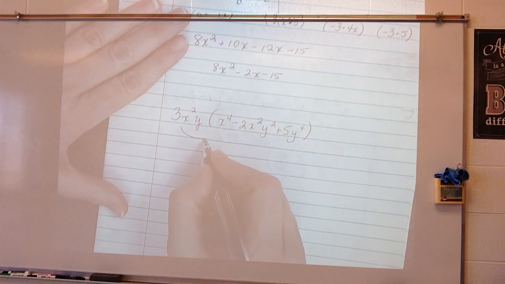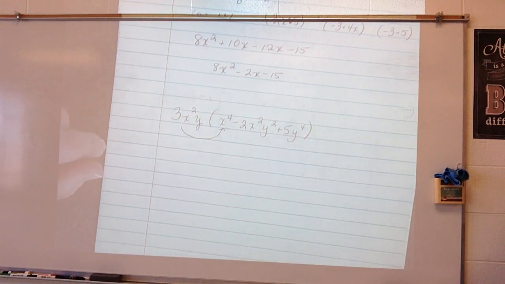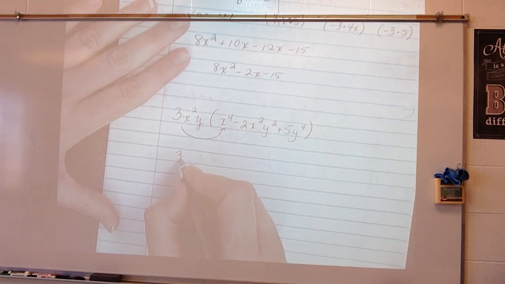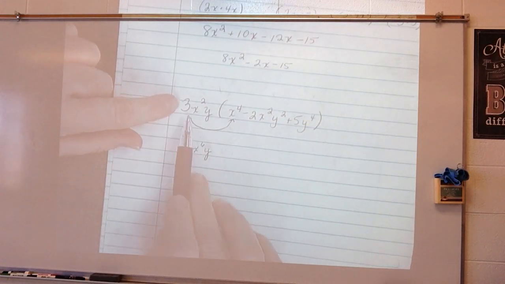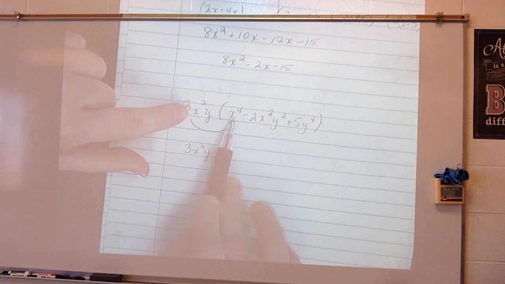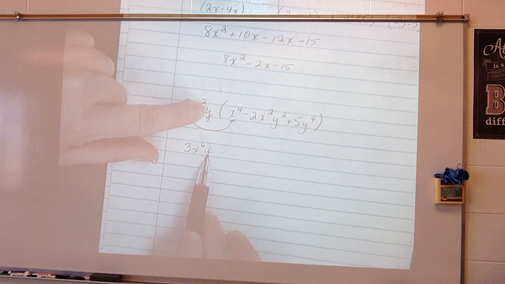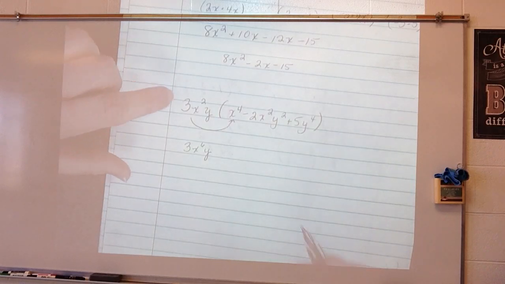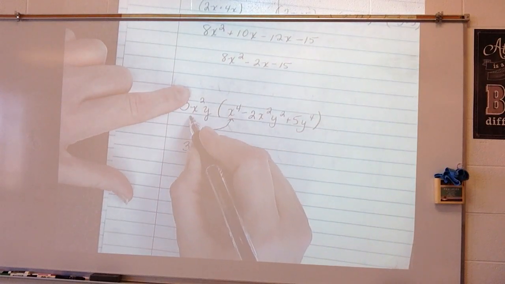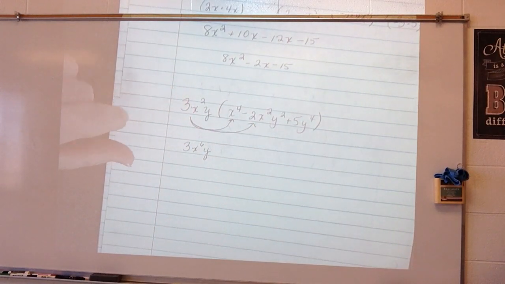So 3x squared y times x to the 4th would be 3x to the 6th y. Because 3 times 1 is 3. I can multiply my x's together, and I just have that y. Then I'm going to multiply this times the second.